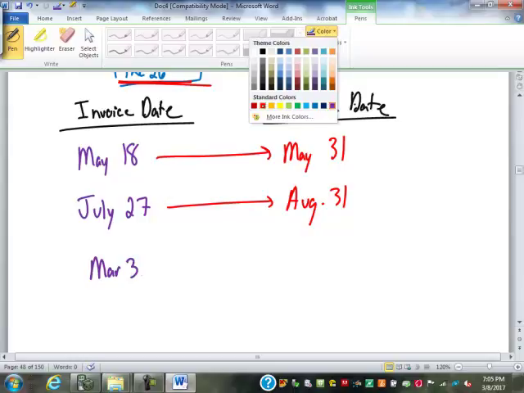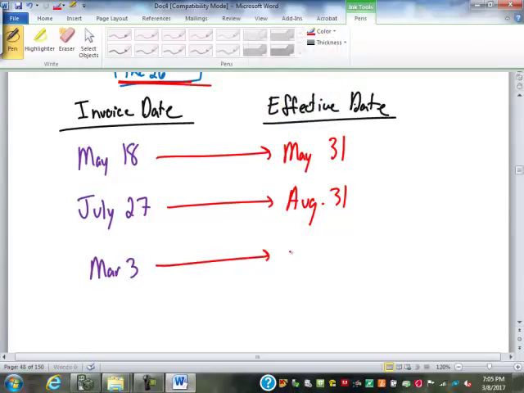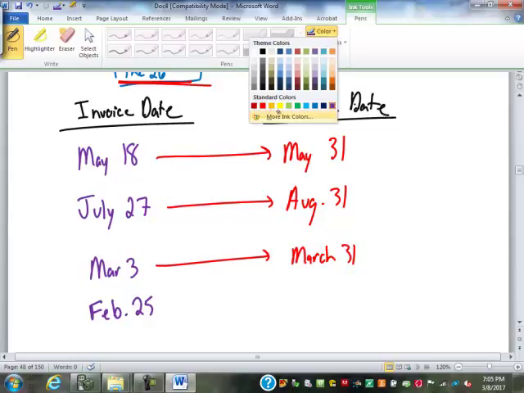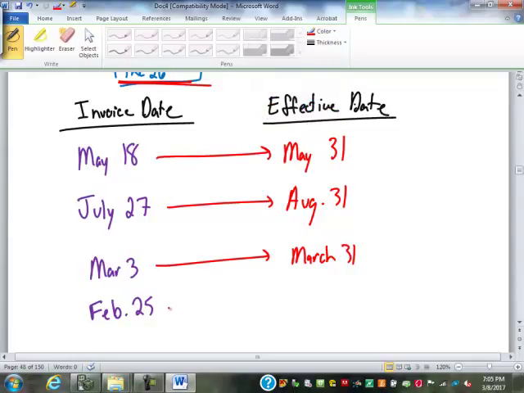If the actual invoice date is March 3rd, what will its effective date be? March 31st. There are 31 days in March. If the actual invoice date is February 25th, the effective date will be February 28th.